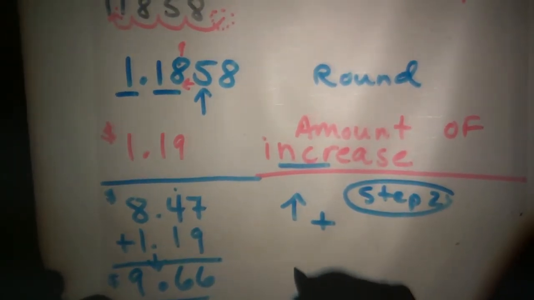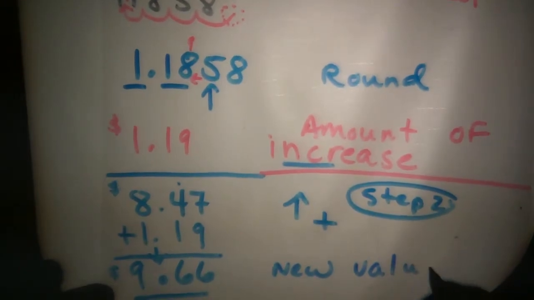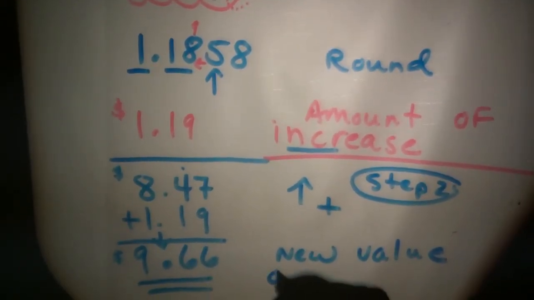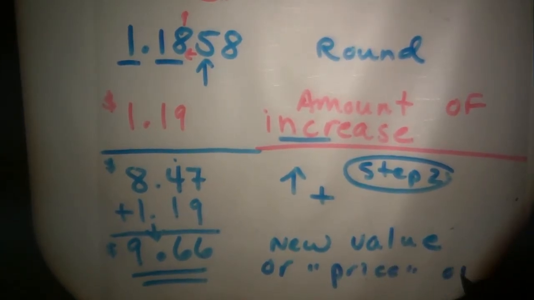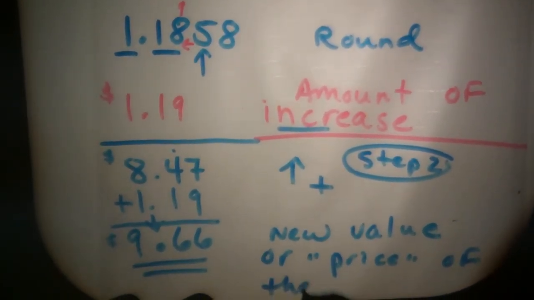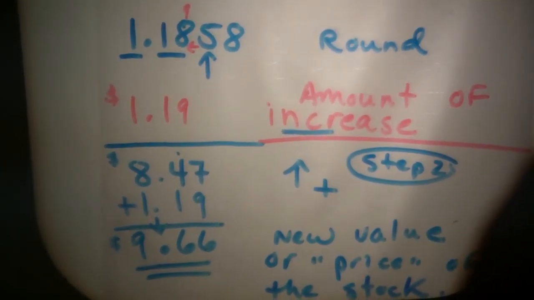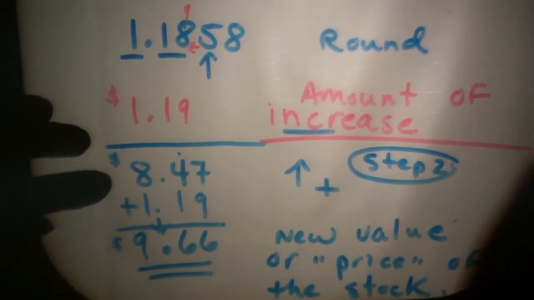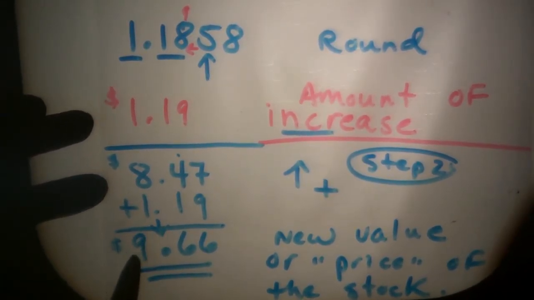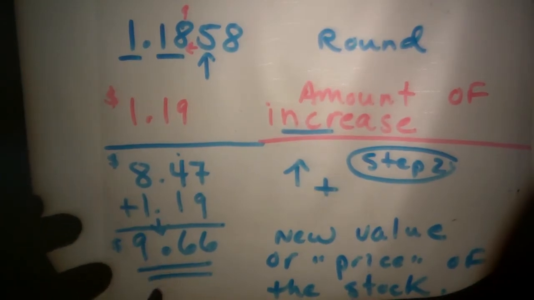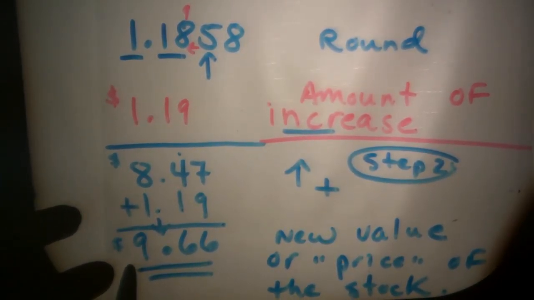This tells us this is the new value or price of the stock. So if we take $8.47 and if I told you that it increased by 14%, your one stock is now worth $9.66.